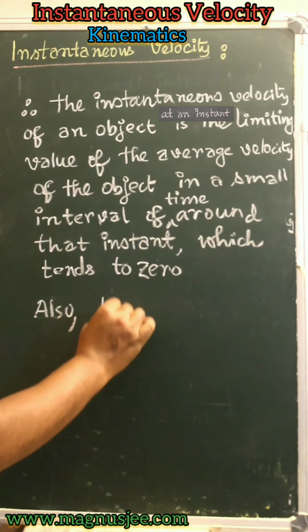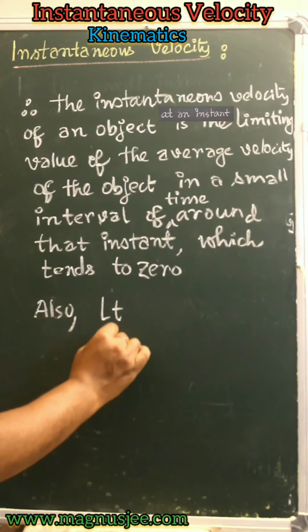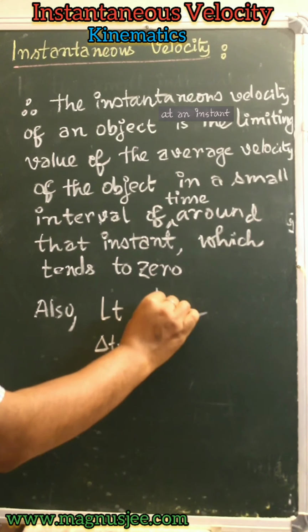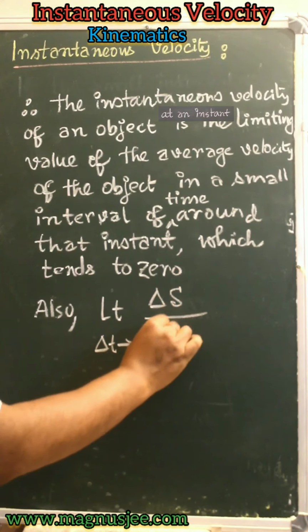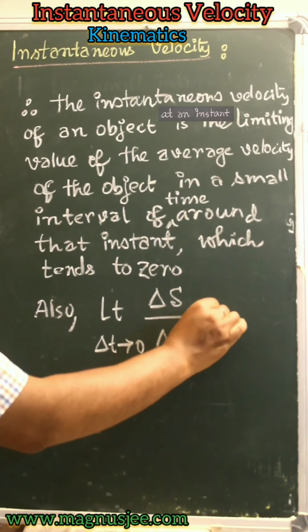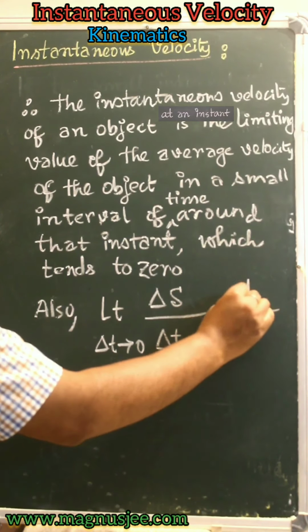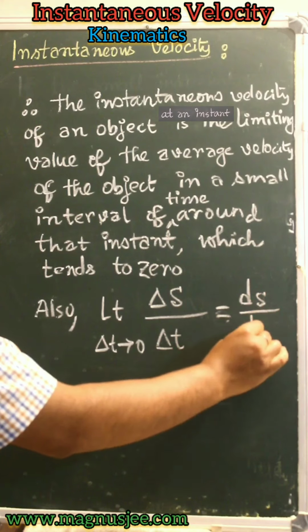Also, let the limit as delta t tends to 0 of delta S by delta t be equal to dS by dt.